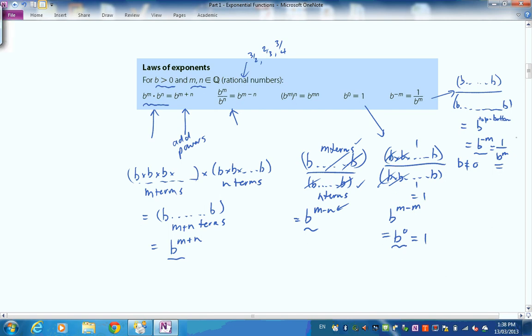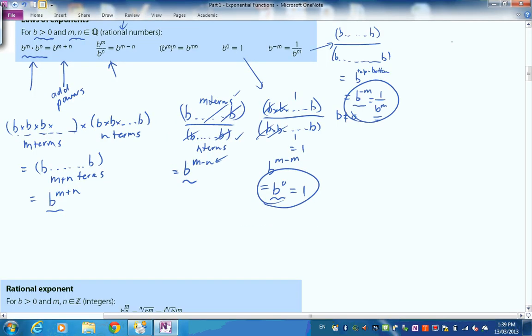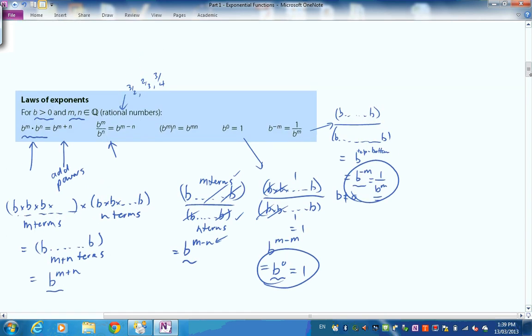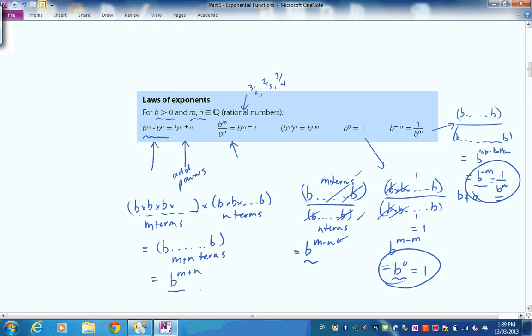So we are getting some interesting variations, and therefore the rules for exponents, or the definition of exponents, would not just be the number of b's multiplied together, because we need to enlarge the definition.